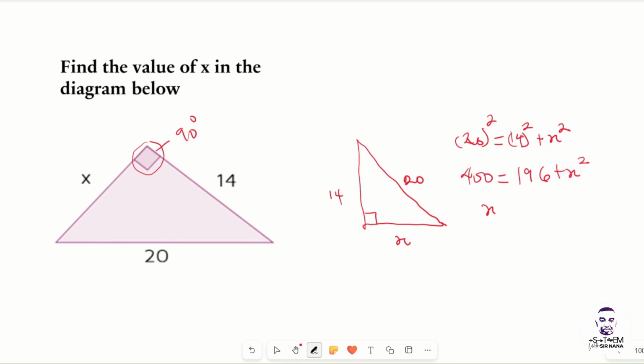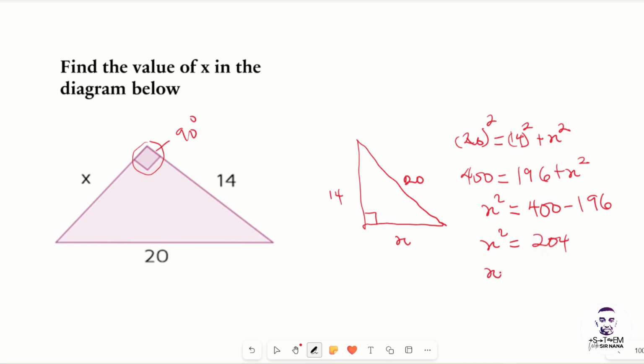So it means that our x squared should be equal to 400 minus 196, subtracting 196 from both sides. That gives us 204, right?